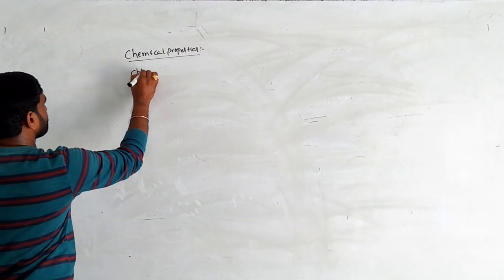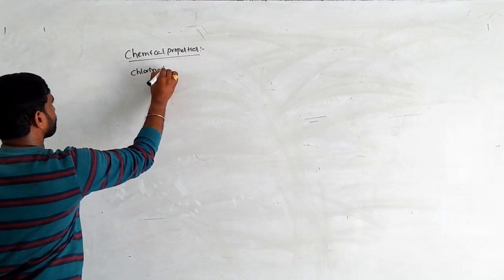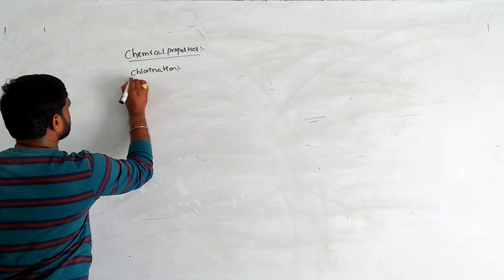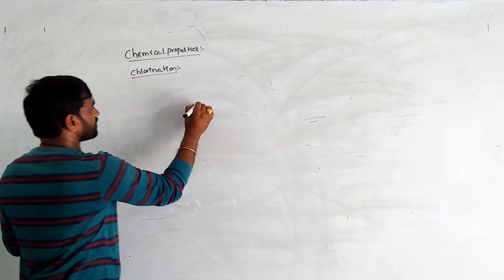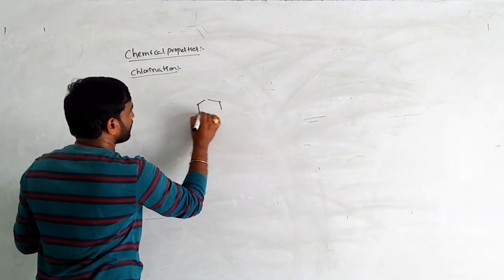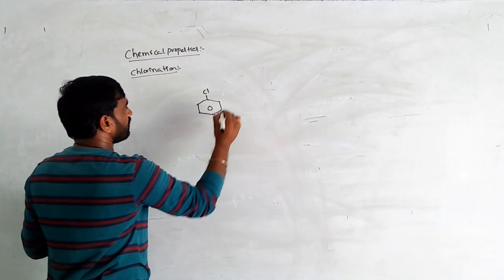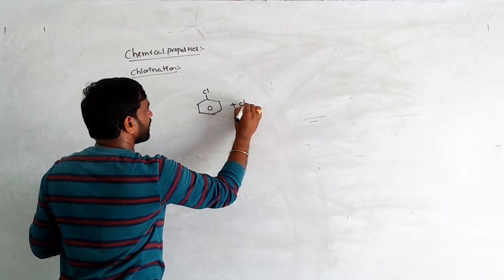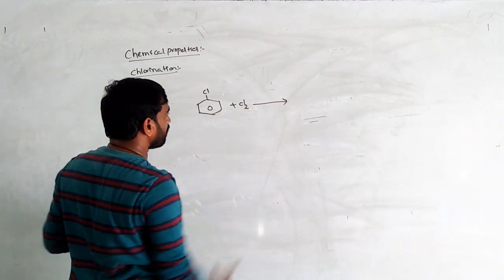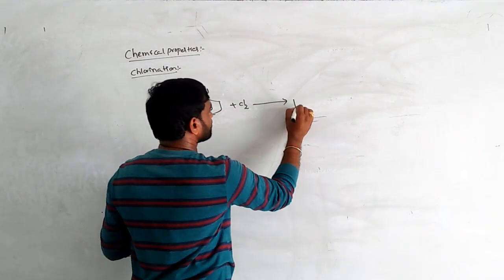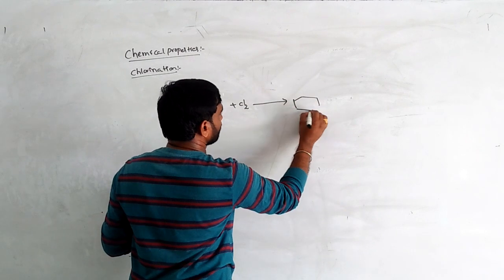First one, chlorination. Here chlorobenzene reacts with chlorine to form two products. One is major and another one is minor product.